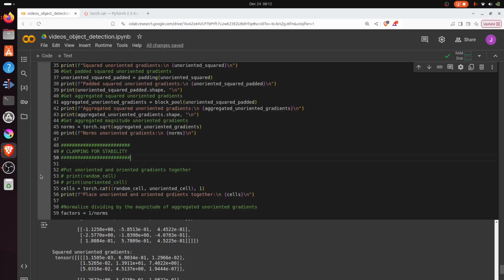This was done because of pooling, because we wanted to apply a block pool layer. Now this modified the arrangement of the gradients, and what we want to do now is to recover the original arrangement prior to this padding. So to do that, we scale the gradients with factors, and more specifically, we're going to take slices. We'll see how that works right after.